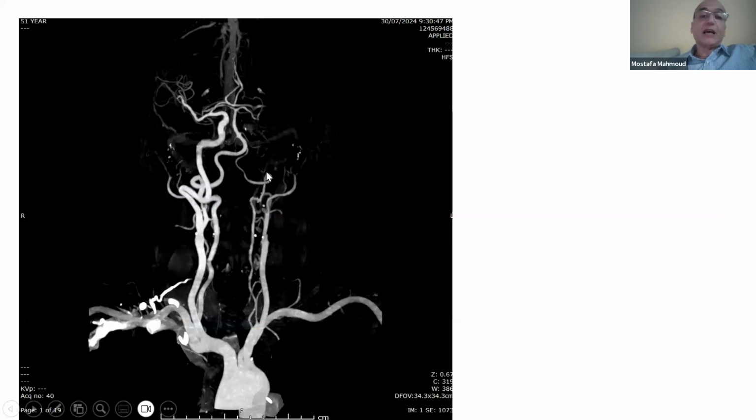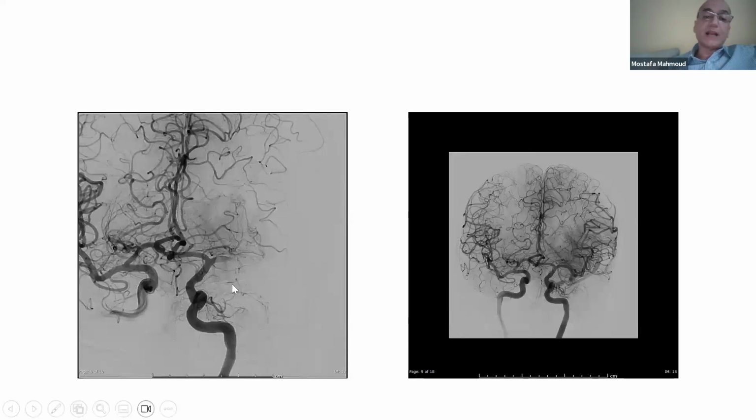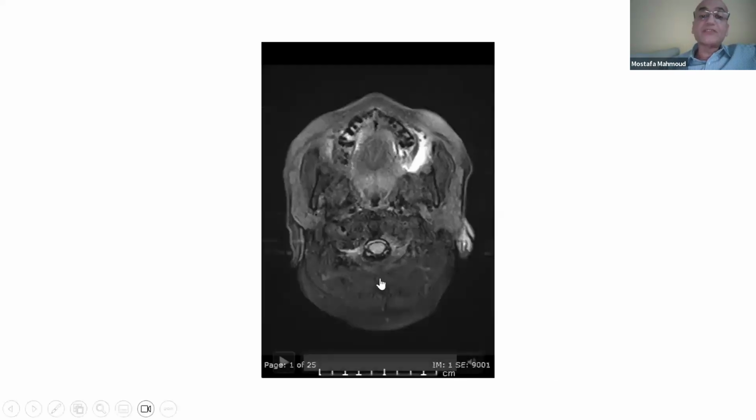There is an ICA occlusion and MCA occlusion concomitantly. As you can see, there was a critical stenosis in the ICA origin, successful angioplasty, and then we just opened the door, and then an M1 occlusion, first pass revascularization, and here is the 24 hours MRI.